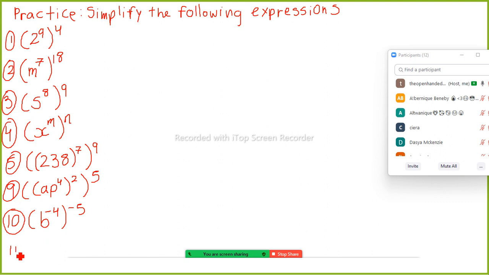And finally, pi to the 3rd power, to the power of negative 11. Those are our practice questions. You have 2 minutes to answer them, and then we will do them together. The timer has begun.